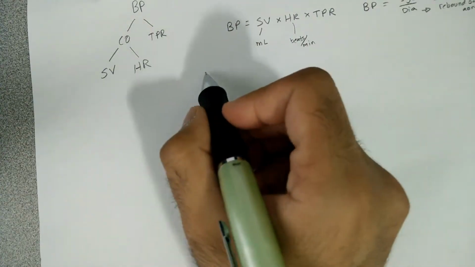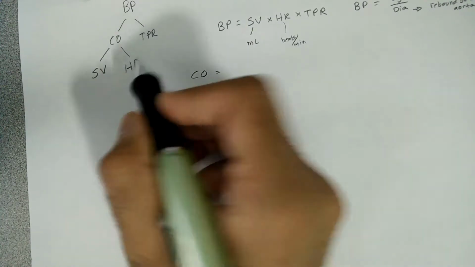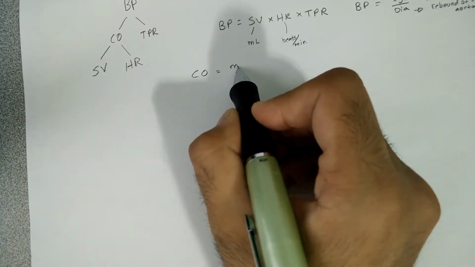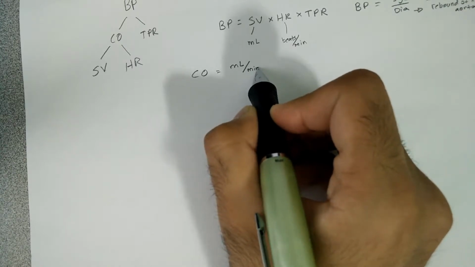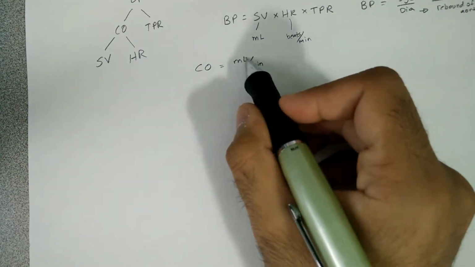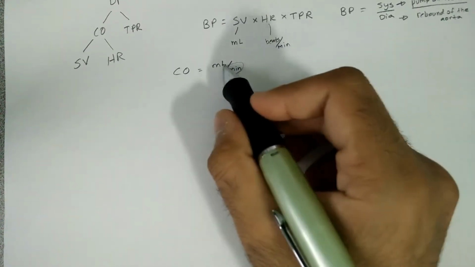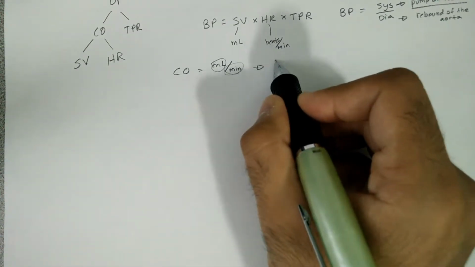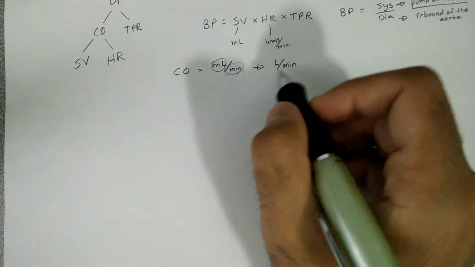And so cardiac output is going to be stroke volume times heart rate, so we can say it's milliliters per minute. And since we're going to be talking about it on a minute basis, it's better to make this into liters per minute of cardiac output.